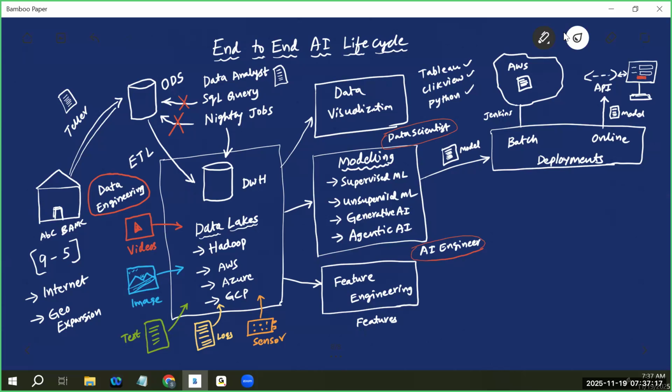So this is the batch and online deployment methodology. This process is called MLOps when we talk about classical machine learning, and we can also call it LLMOps for our generative AI based applications. And the people who are working in this particular area are called ML engineers.